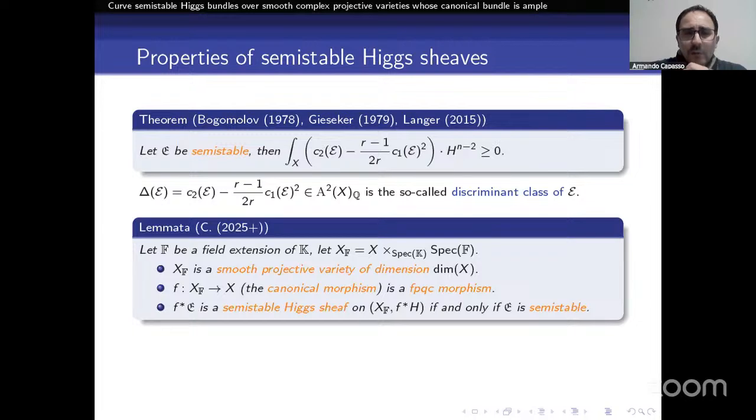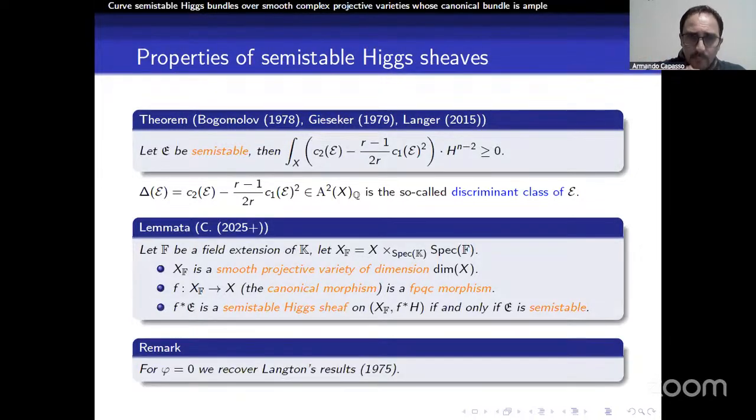The canonical morphism f from this new variety X_f to X is faithfully flat and quasi-compact. But the result is that the pullback of E via f is a semistable Higgs sheaf if and only if the original Higgs sheaf is semistable. Of course, where the Higgs field phi vanishes, one recovers Langer's results.